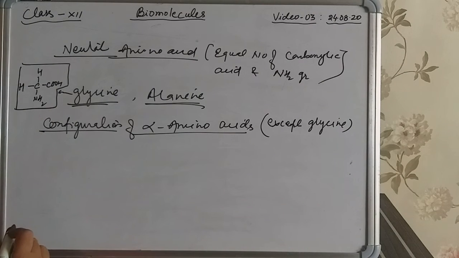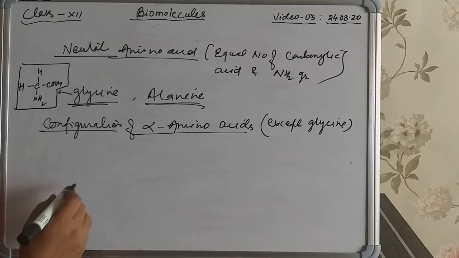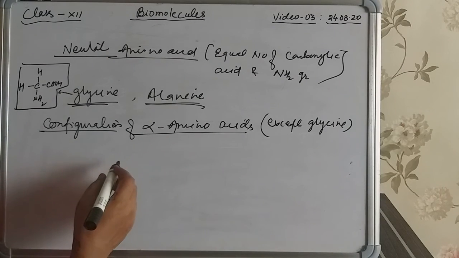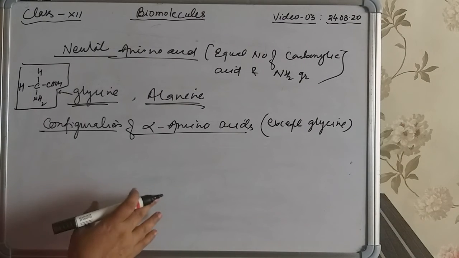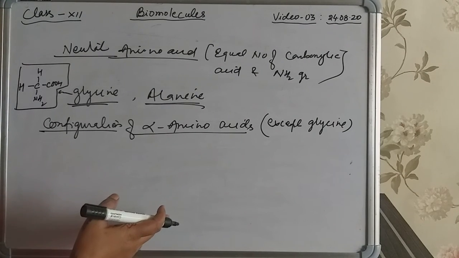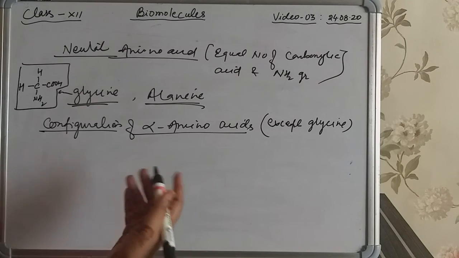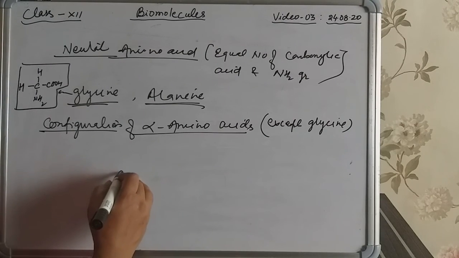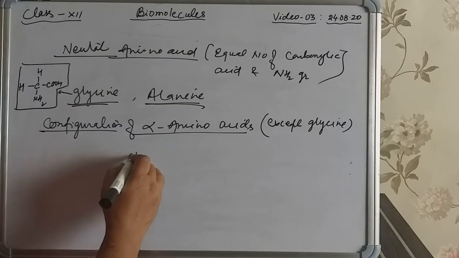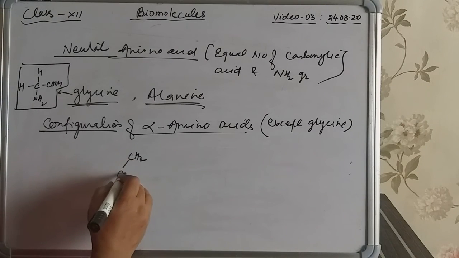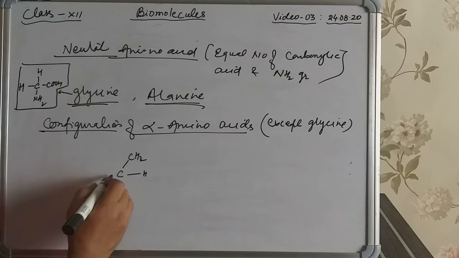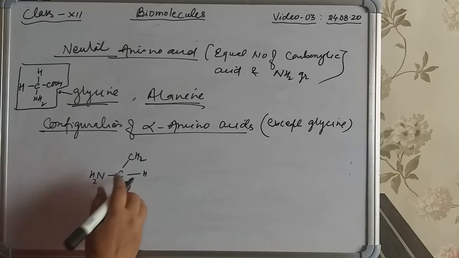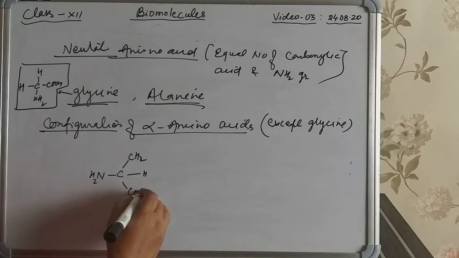So chirality is the condition for the configuration of alpha amino acids. Naturally, the alpha carbon is attached with 4 different groups, and then it is an asymmetric center, meaning a chiral center. As a result, amino acids are optically active. For example, suppose we write CH3 as the alkyl group, 1 hydrogen, 1 amino group and 1 COOH group.